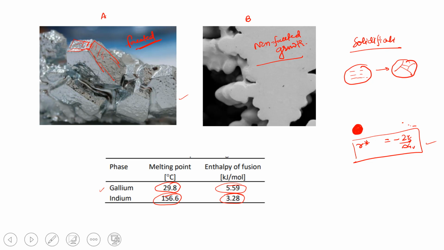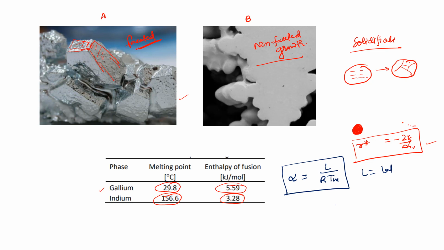There is a parameter which is used to decide whether it will grow faceted or not, a constant called alpha, which is equal to L by R Tm, where L is the latent heat of fusion or enthalpy of fusion, R is the gas constant and Tm is the melting point.